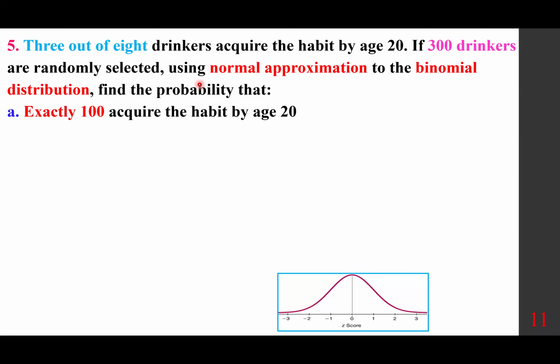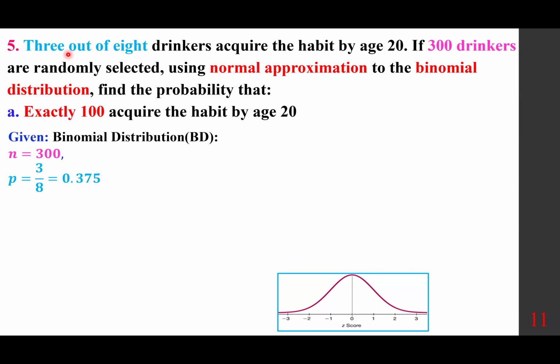Okay. As always, application, write the given. We are dealing with BD, short for binomial distribution. How do we know that? Because there are basically two outcomes. N is 300, the probability of drinkers getting used to it is 3 out of 8, and we write that.